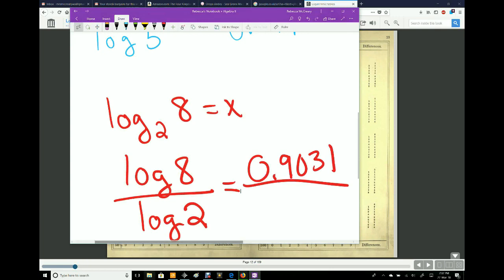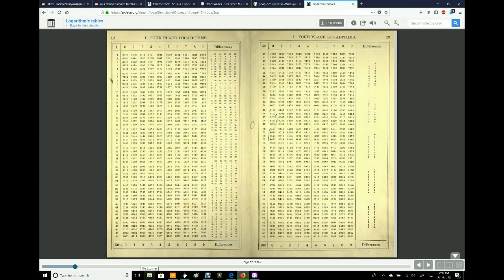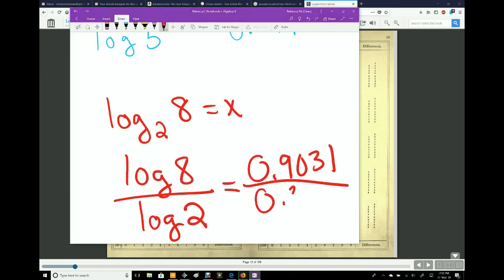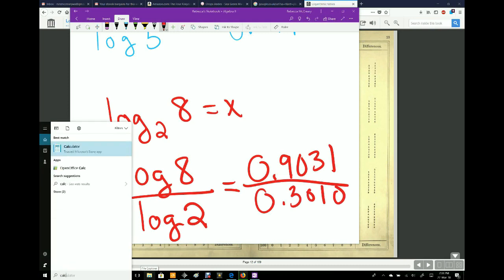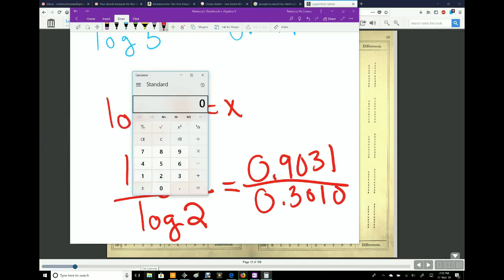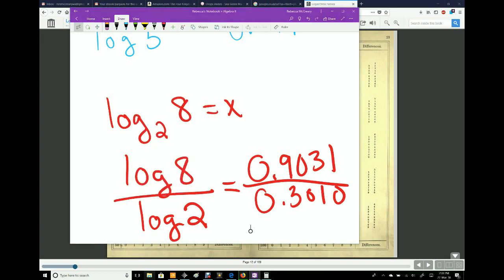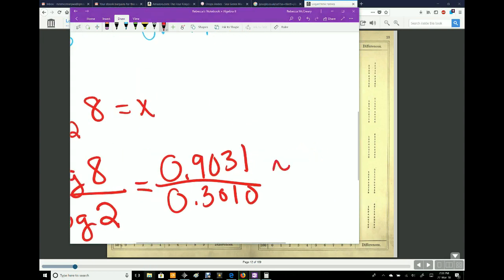Log of 2 is 0.3010. Okay, so 0.9031 divided by 0.3010. Again, leaving a little room for rounding, but that's approximately 3.